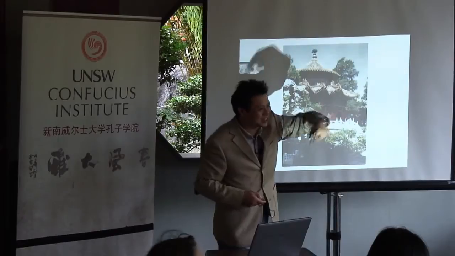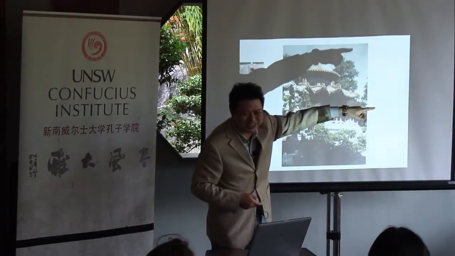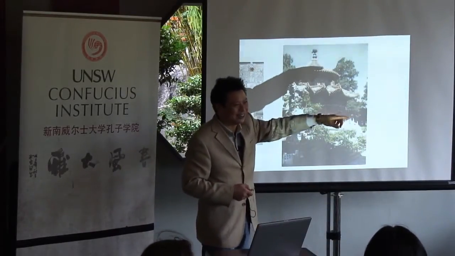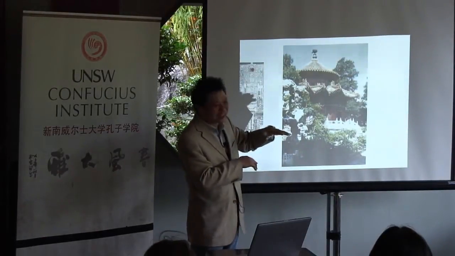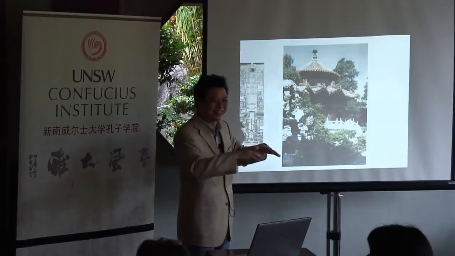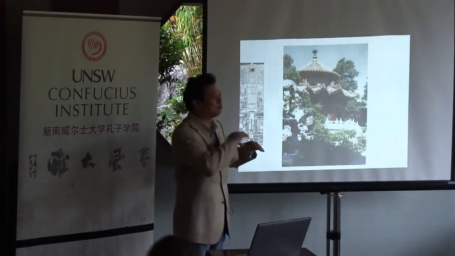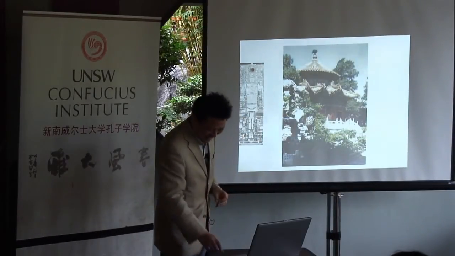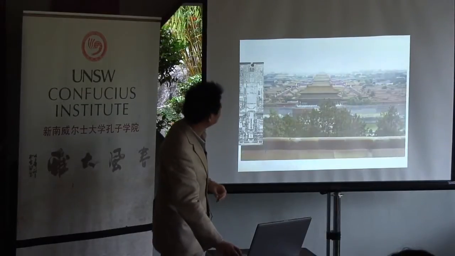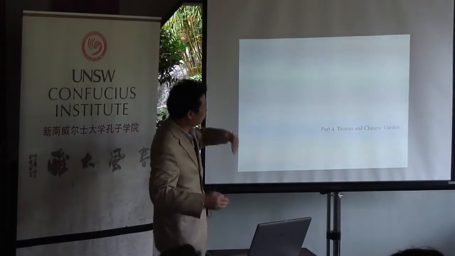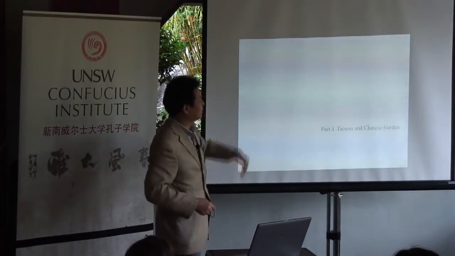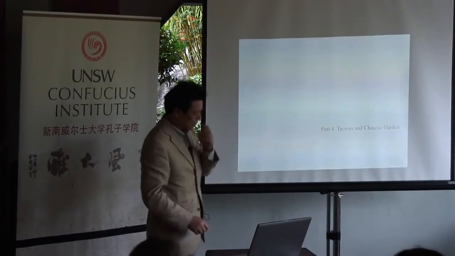In this Chinese garden, we also use the yellow color, but in ancient China this was not permitted. It would be forbidden. This is the whole axis of the Forbidden City.